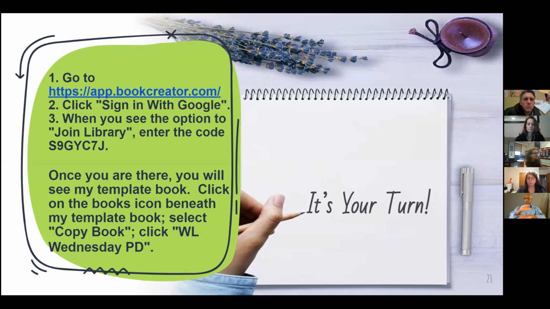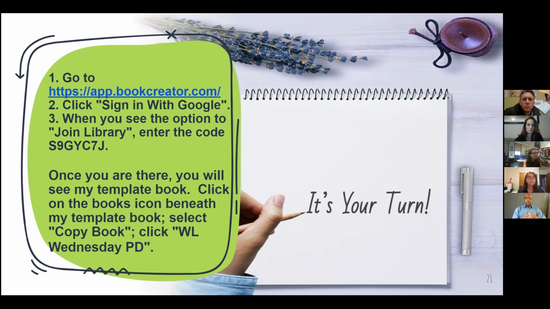Okay. So if you go to app.bookcreator.com, sign in with Google, you will see the option to join the library. And this is a little blurb I took out of Google Classroom, what I did with my students, and I put it in here for all of you.